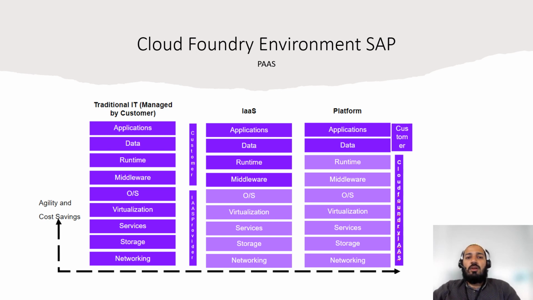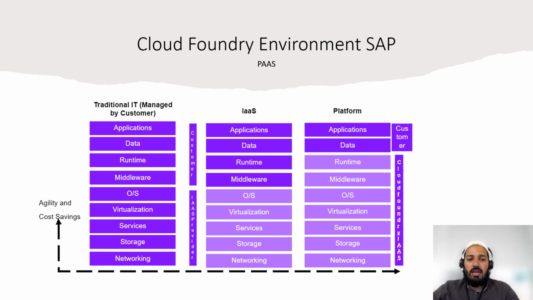Now, how the Cloud Foundry environment works for SAP: compared to the traditional IT managed by the customer, like what we have seen earlier, here the customer need not come into the platform part. You have runtime, middleware, operating system, virtualization, servers, storage and network, all taken care of.